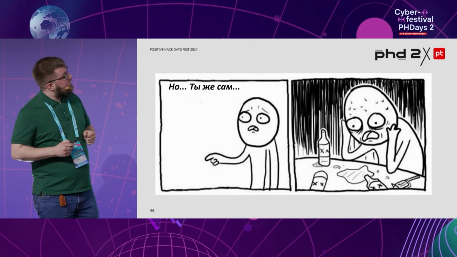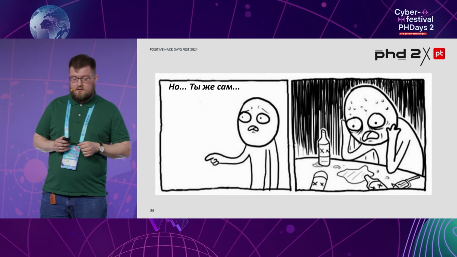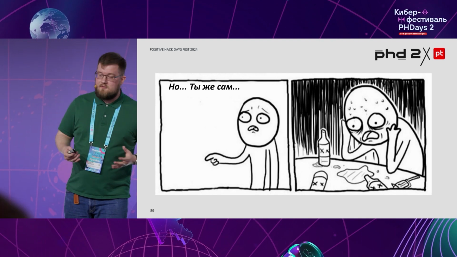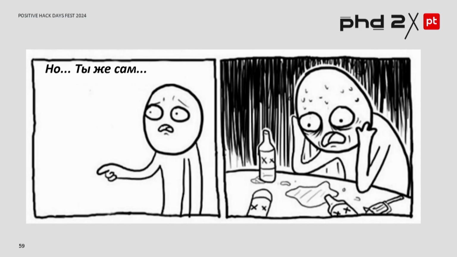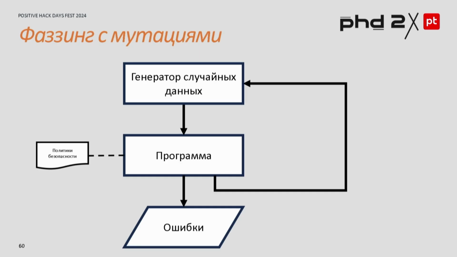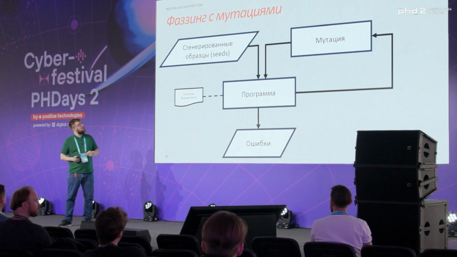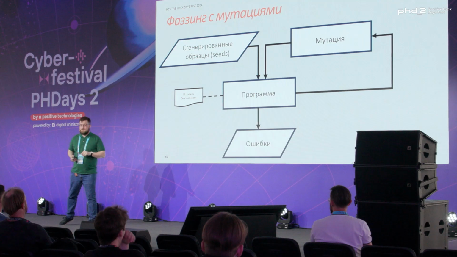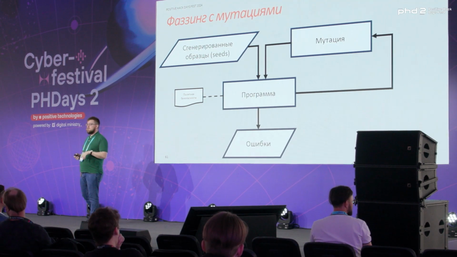So what is left for us to do? Well, we can apply a technique that's called mutational fuzzing, mutation-based fuzzing. We've got this random data generator, and we replace it with this. We've got some generated samples. You can take them from anywhere. You can write them manually in advance yourselves, or you can generate them on the spot with an HTML generator.